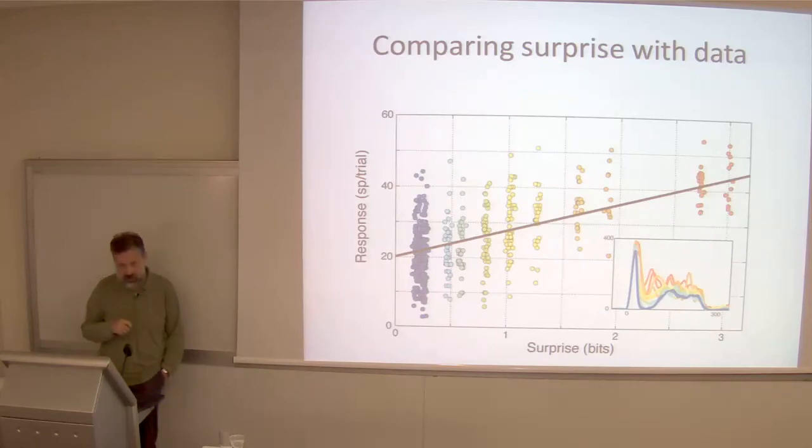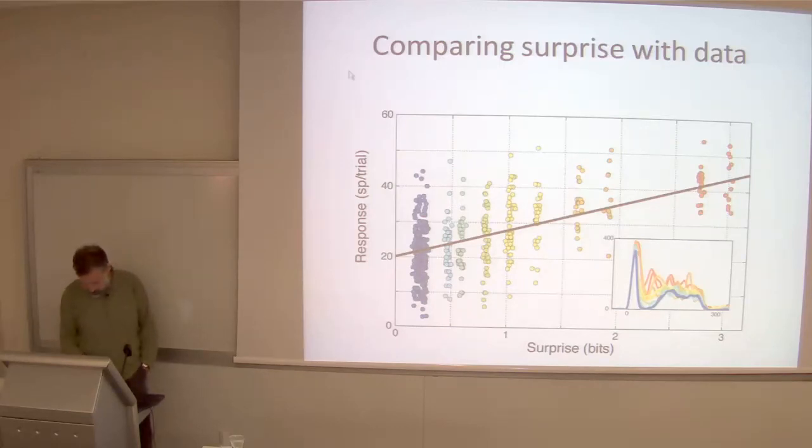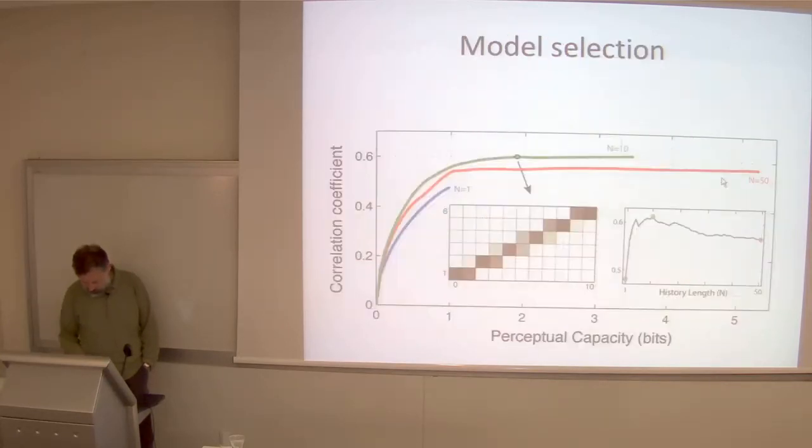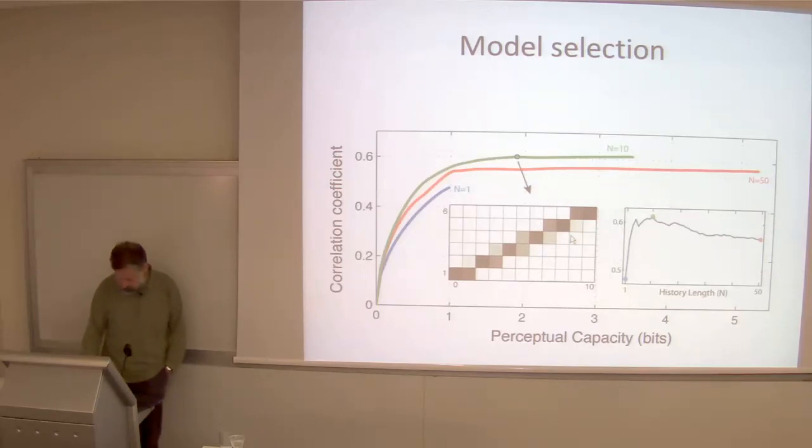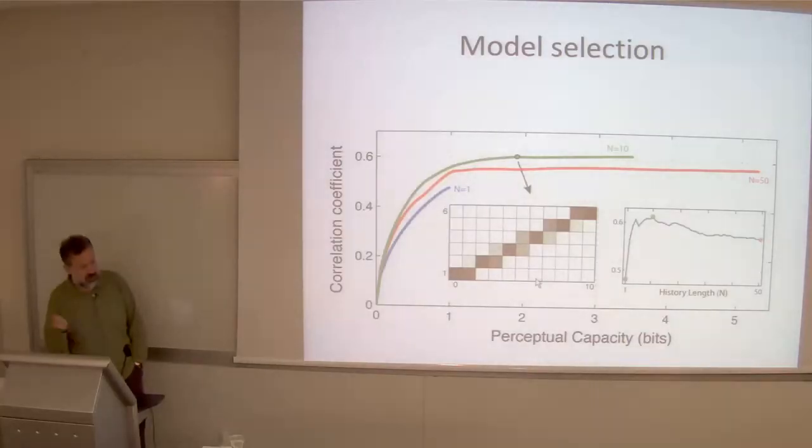That's the limit of the prediction that we would like to make. So here is an example of responses of a neuron to one tone that depends very nicely on the surprise. We can try to estimate the parameters of the best model out of that, to know what the duration of the memory and the complexity of the memory that is being reflected.